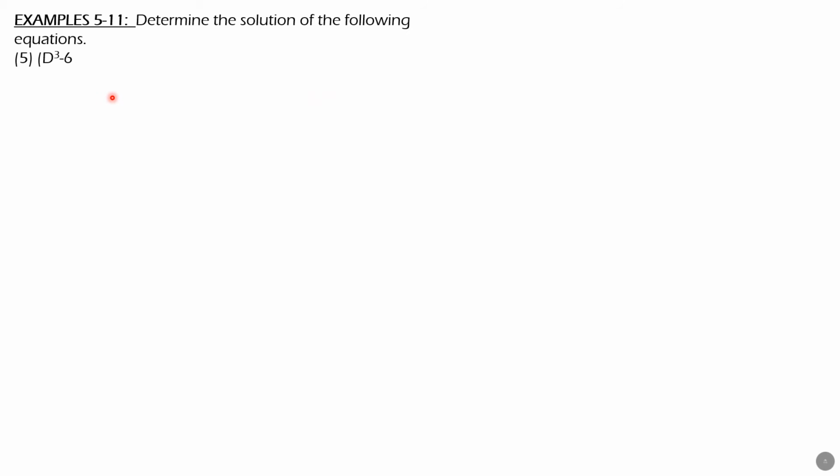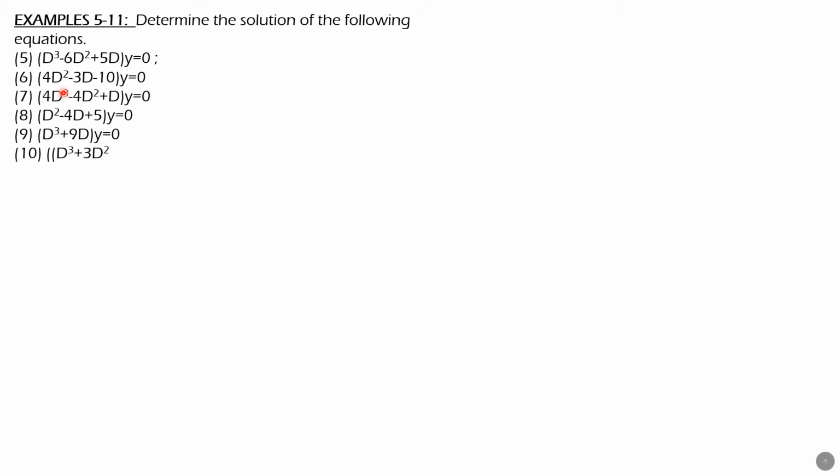So we proceed to example 6. We change that to 4r squared minus 3r minus 10 equals 0, where r is the root required.